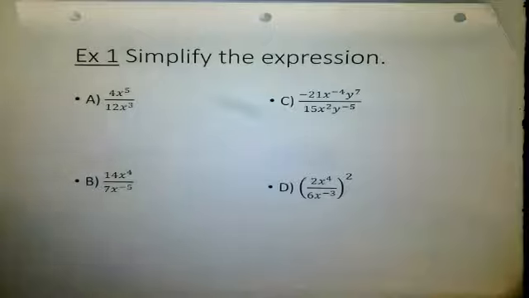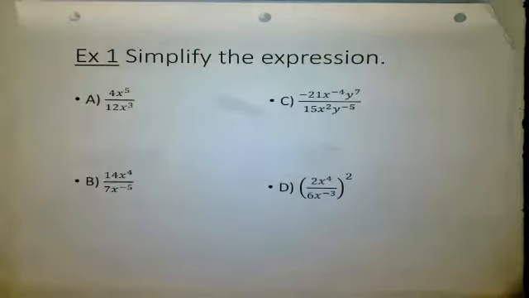So here we go. Example 1. Simplify the expression. We have 4x to the 5th over 12x cubed.